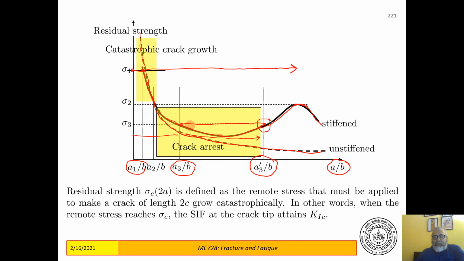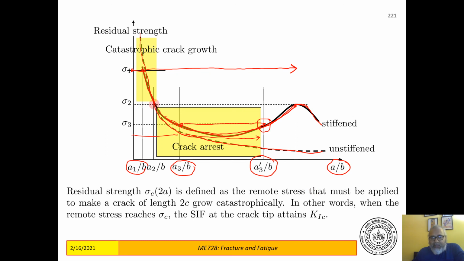So this is the mechanism of crack arrest, where a crack starts to grow but then is stopped because the residual strength diagram has an upturn when plotted against A by B.